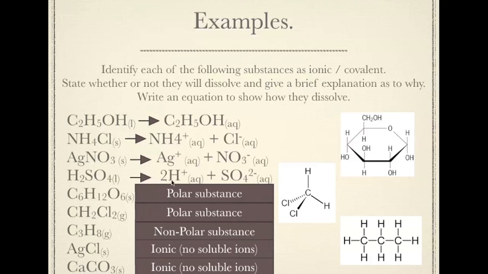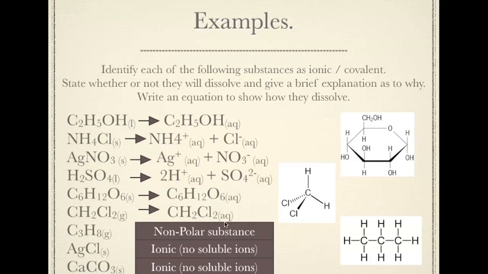The acid is a covalent compound that ionizes, and that will break apart into the hydrogen ions and the separate anion that you have here as well. So sulfuric acid will break apart into two hydrogen ions and one sulfate when it dissolves in water. This next one is a polar substance again.